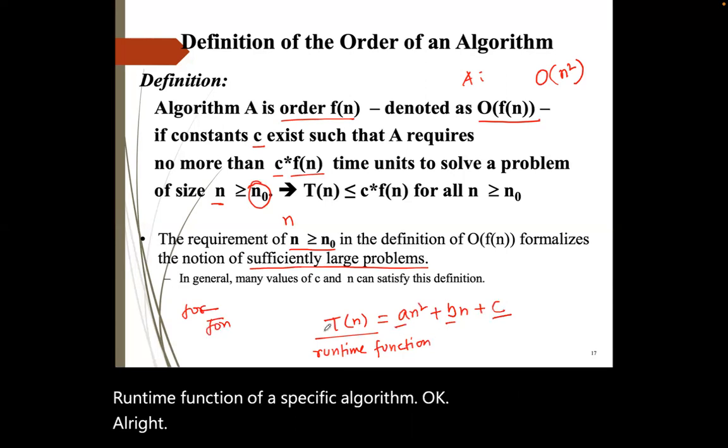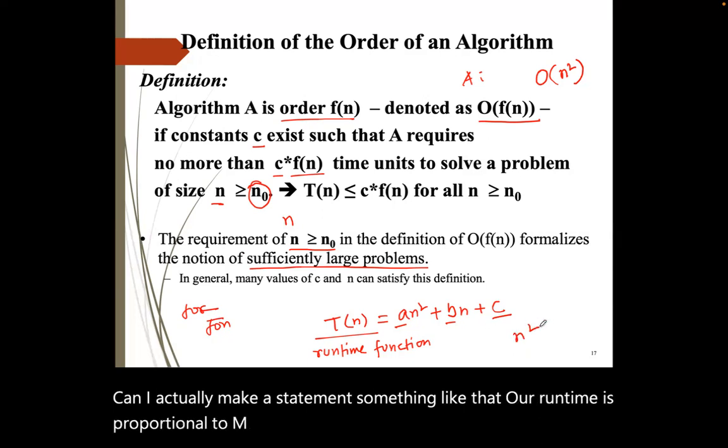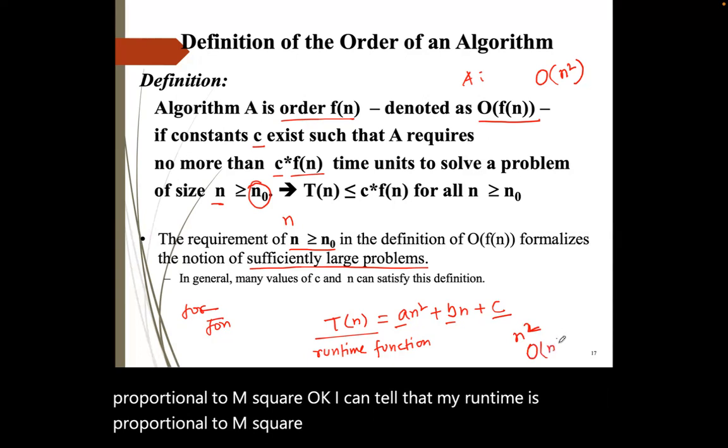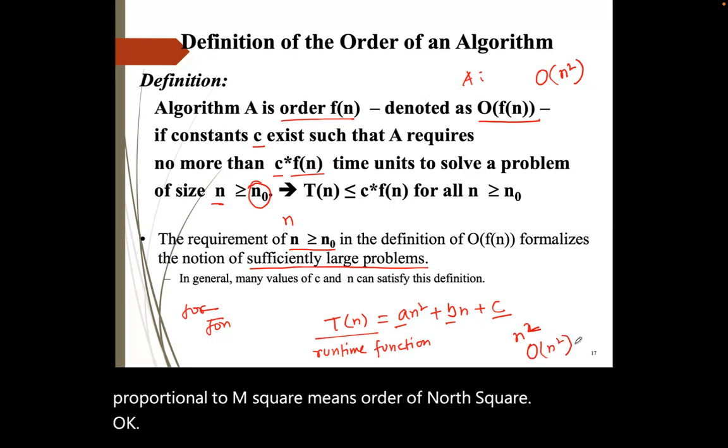Now I have an algorithm and I calculated the runtime like this. So can I make a statement something like: our runtime is proportional to n square? I can say that my runtime is proportional to n square, meaning order of n square, using the definition of order of f of n.